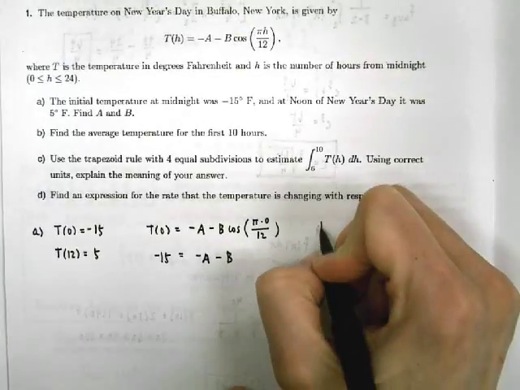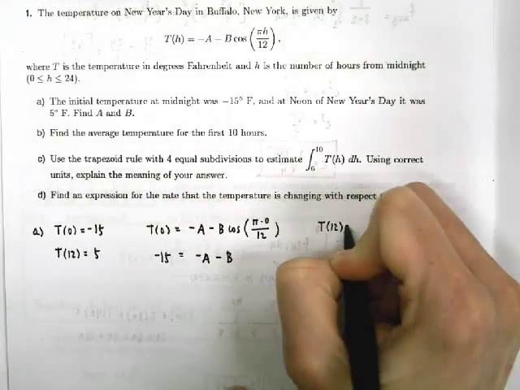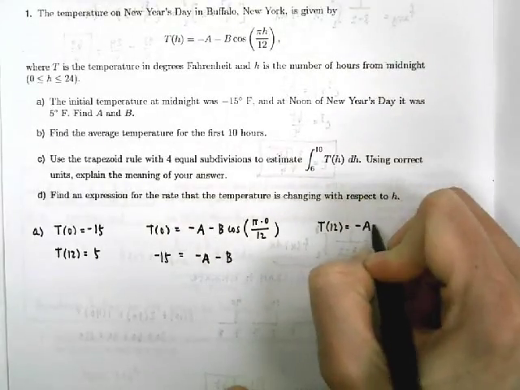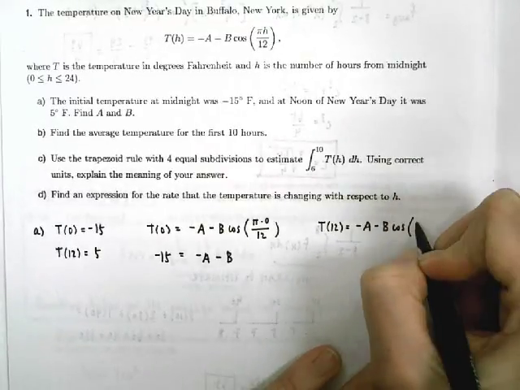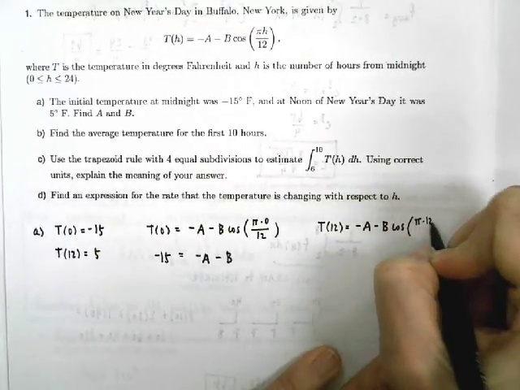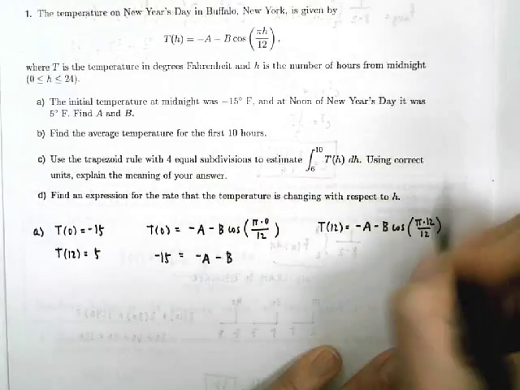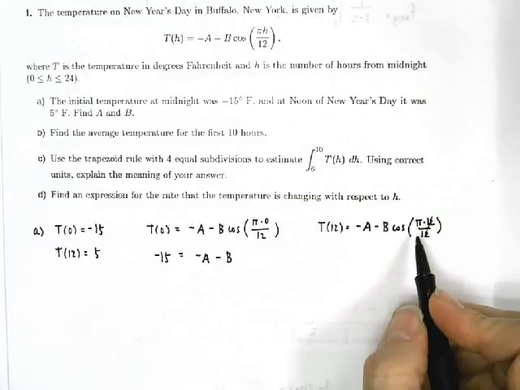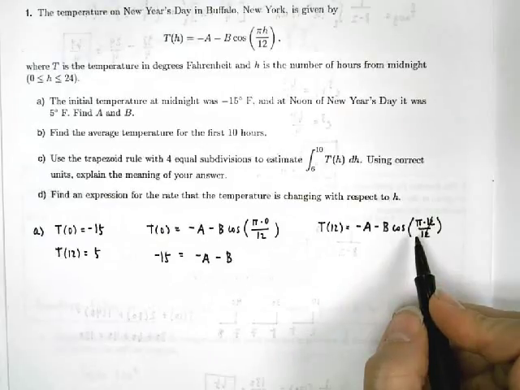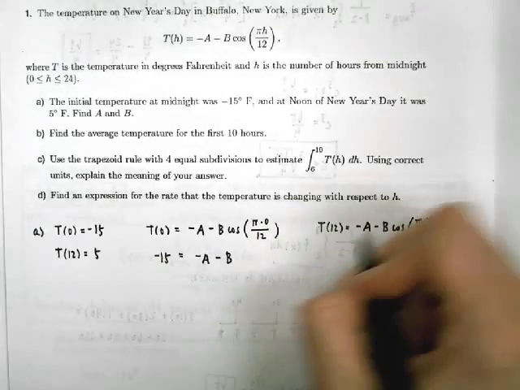Now let's look at T of 12. Here we're going to have negative A minus B times the cosine of pi times 12 over 12. So these are going to cancel. Now I have cosine of pi, which is going to be a negative 1.